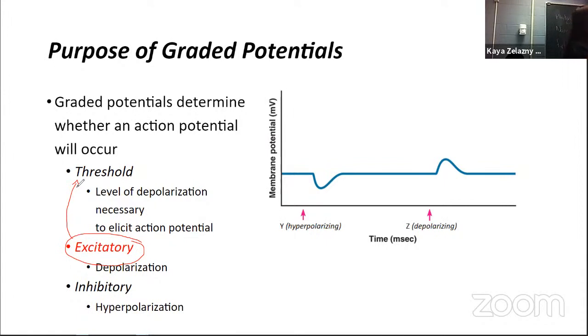If we have a hyperpolarization event, like our example with the potassium leaking out, making the cell more negative, it's going to be harder to get to that threshold. If we drop from negative 70 to negative 80, we're going to need a lot more excitatory events to come in and override that. So we'd say it's inhibitory because it's preventing our neuron from signaling.